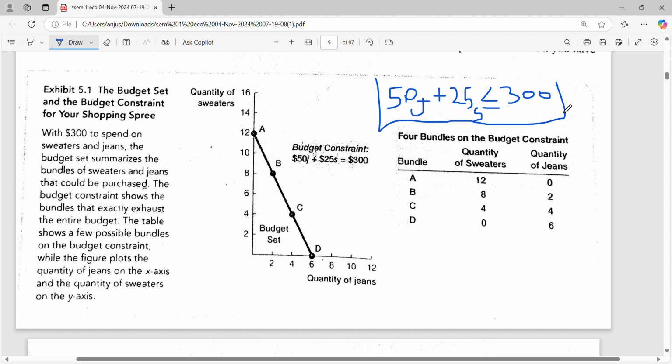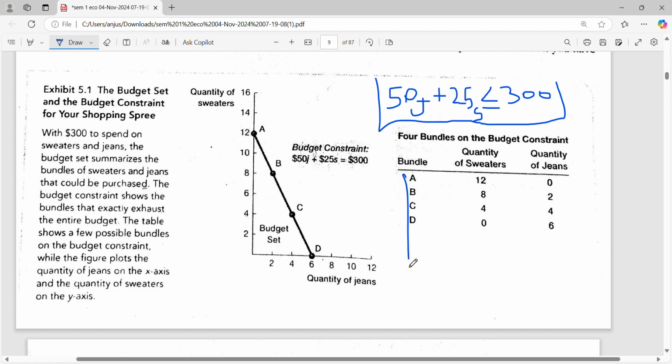The next concept is the budget constraint. Budget constraint means the whole 300 rupees has to be spent. Nothing is saved here. The assumption of the budget constraint is that the consumer does not save or borrow, so the budget constraint represents the bundles that exactly exhaust the consumer's entire budget. Such bundles are given here, 4 bundles.